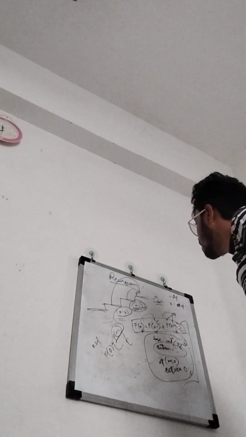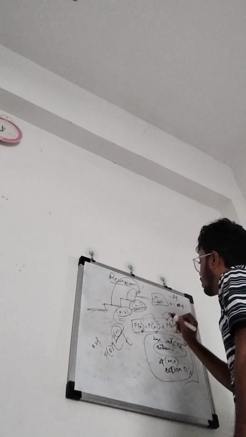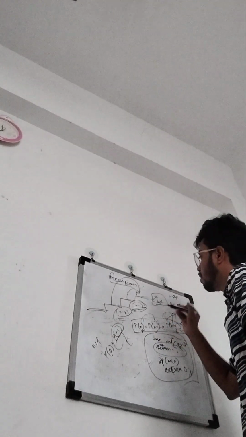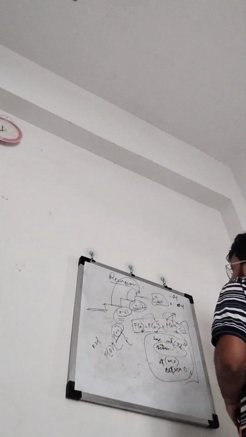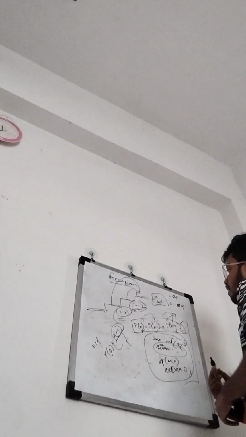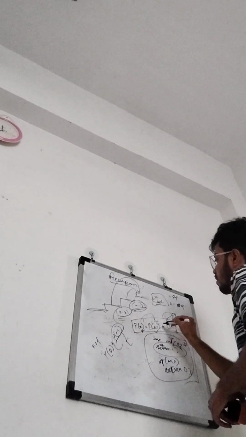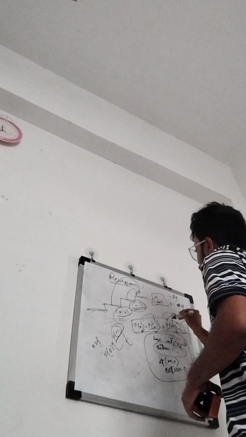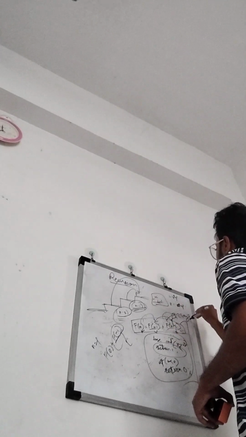And the number of ways to reach the nth level will be the addition of these. Because basically we have to evaluate the number of different ways. Fine. So either you reach from n minus 1 or you reach from n minus 2. There are only 2 ways to reach nth level.